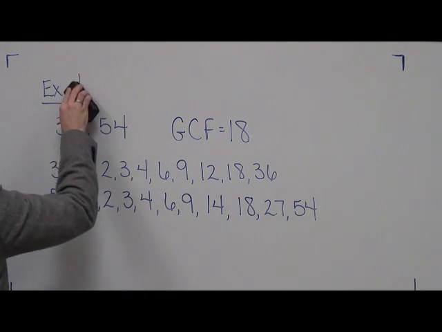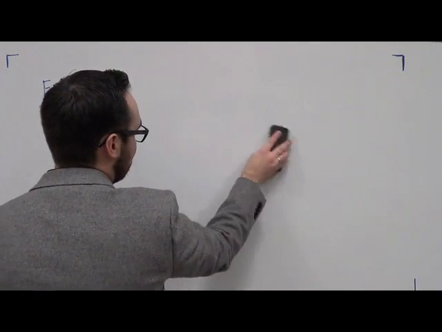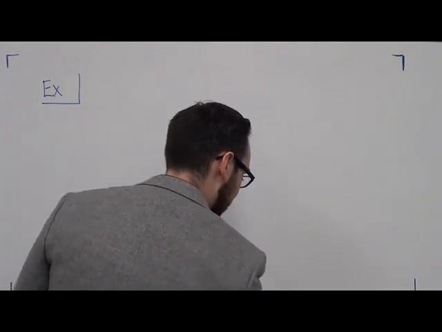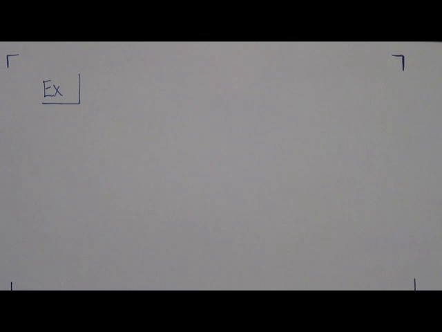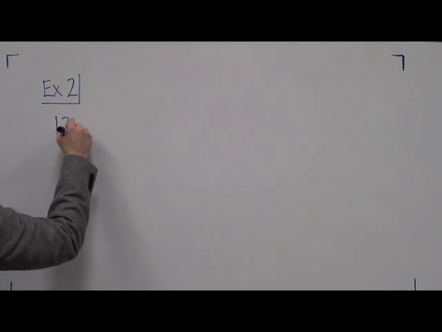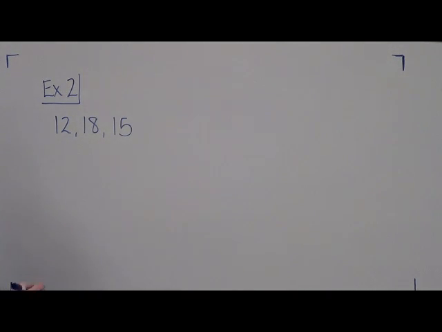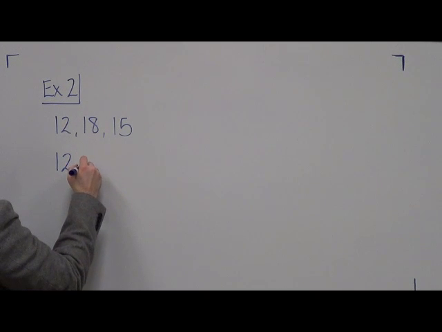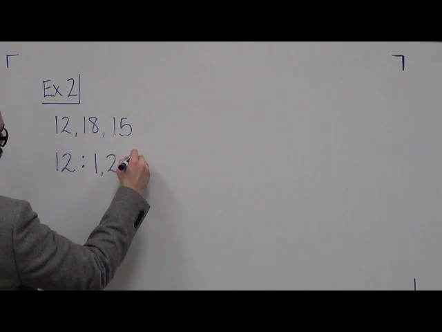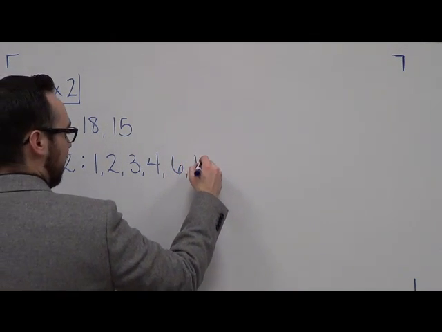We can also do this between 3 different numbers. The only thing we have to do is find the factors of all 3 numbers. Let's say 12, 18, and 15. Some of you may be able to look at that and just know. But let's go through and look at each factor. We have 1, 2, 3, 4, 6, and 12.